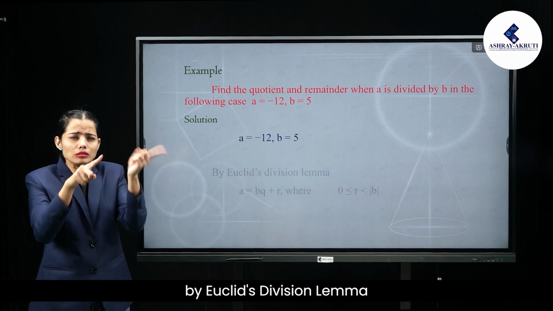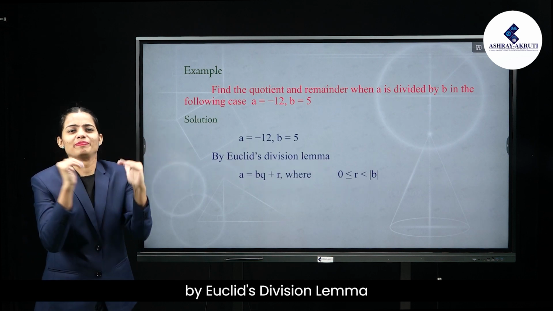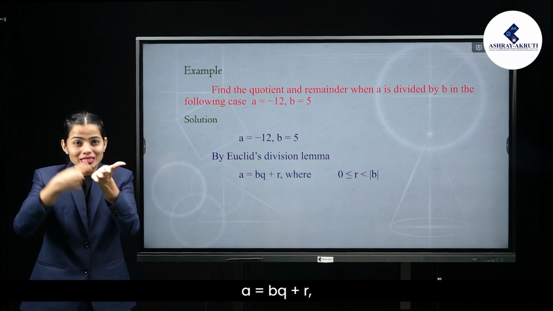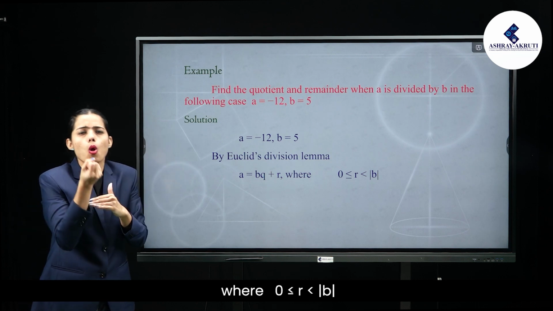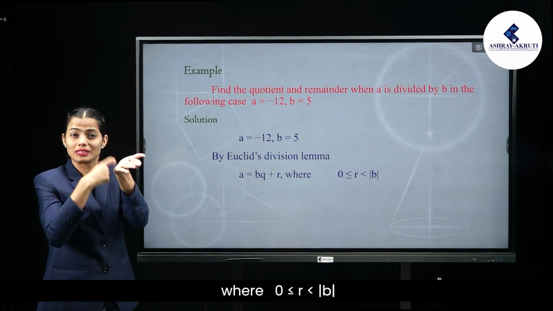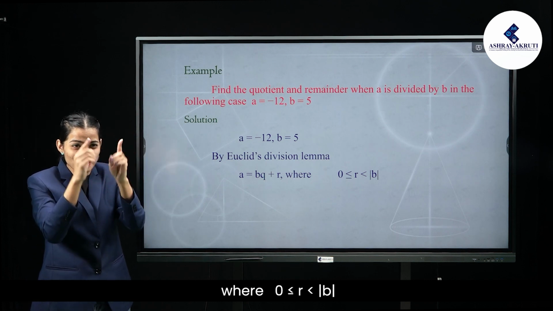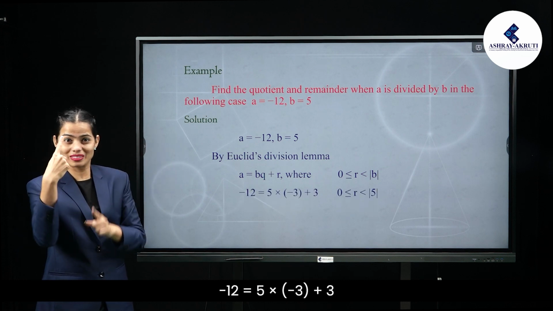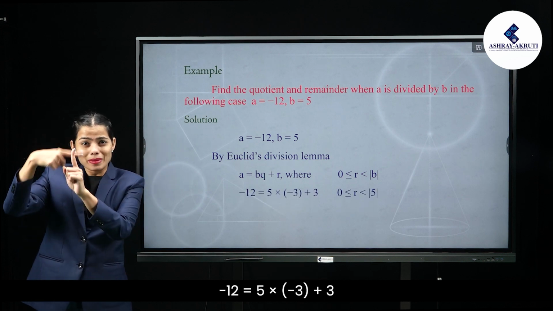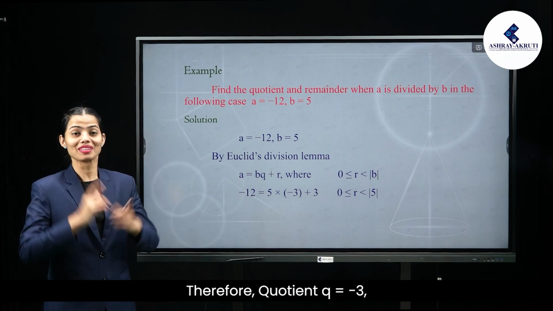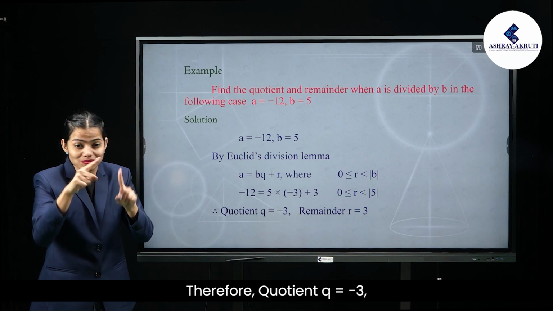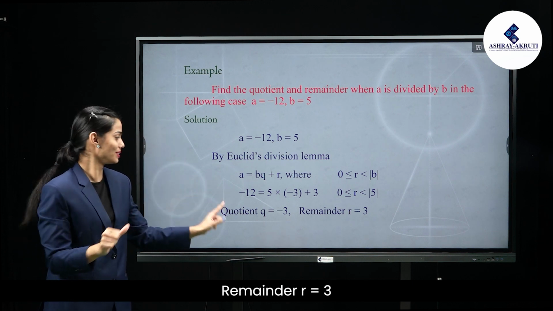By Euclid's division lemma, A is equal to BQ plus R, where 0 less than or equal to R less than modulus B. Minus 12 is equal to 5 into minus 3 plus 3. Therefore, quotient Q is equal to minus 3, remainder R is equal to 3.